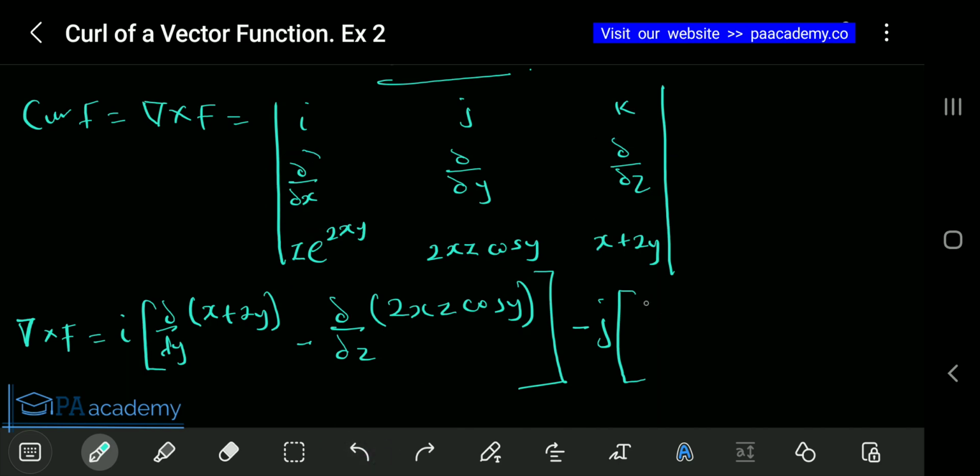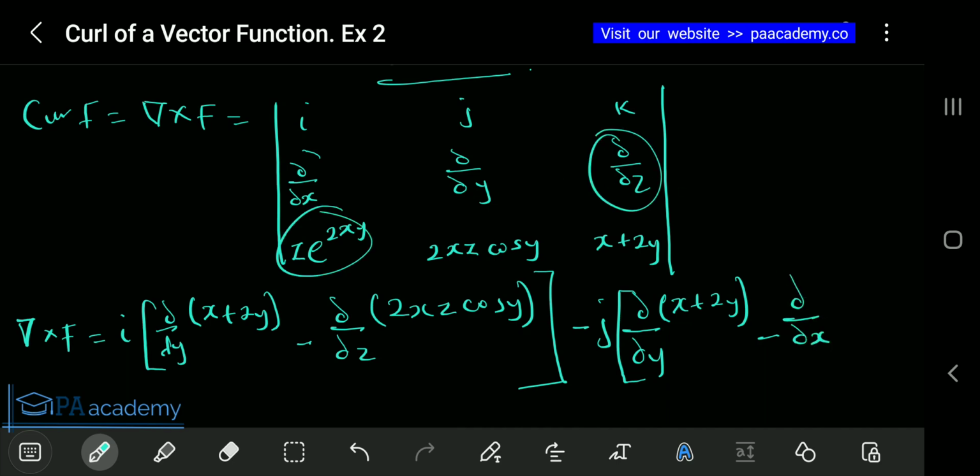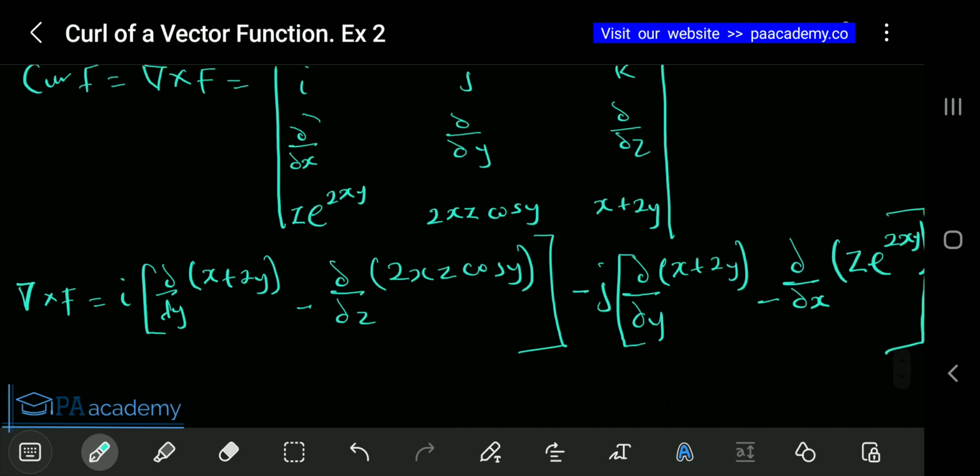So partial differential over y multiplied by (x plus 2y) minus partial differential of z, that's this multiplied by this, into bracket z exponential 2xy. So that is for j.